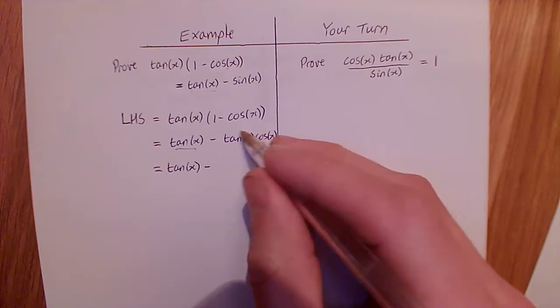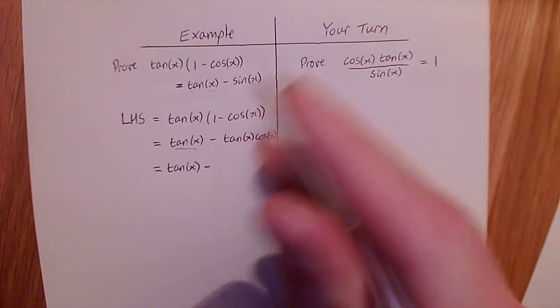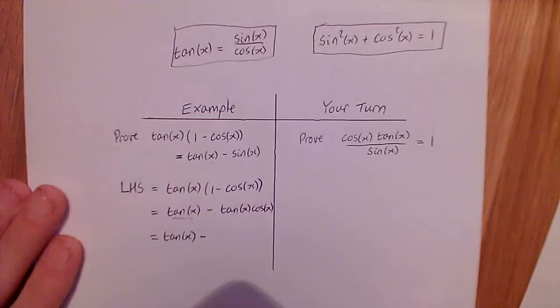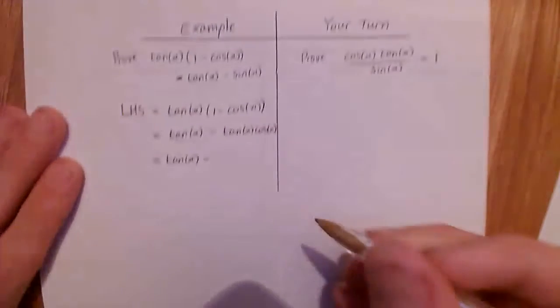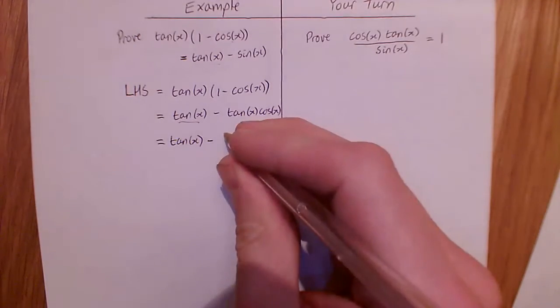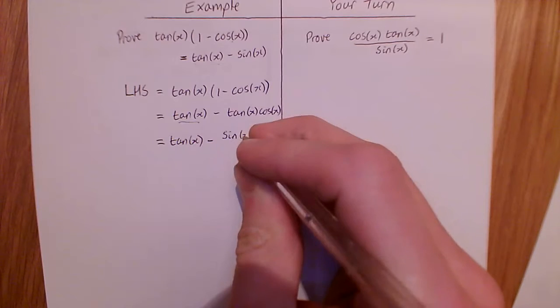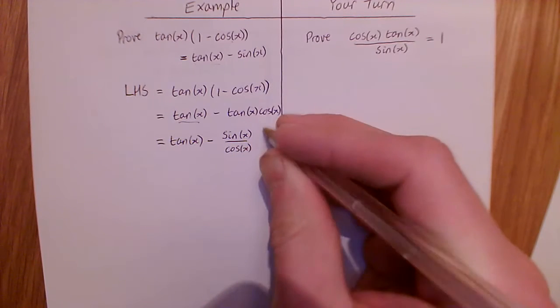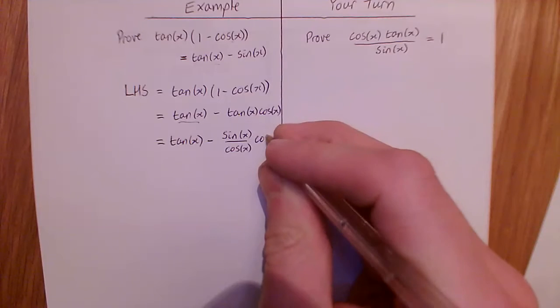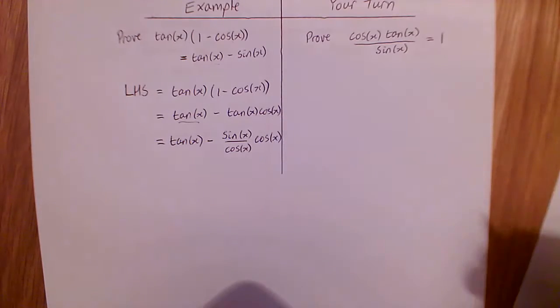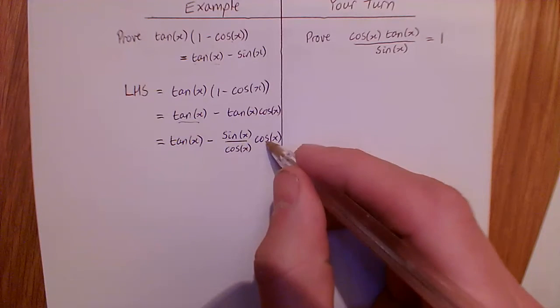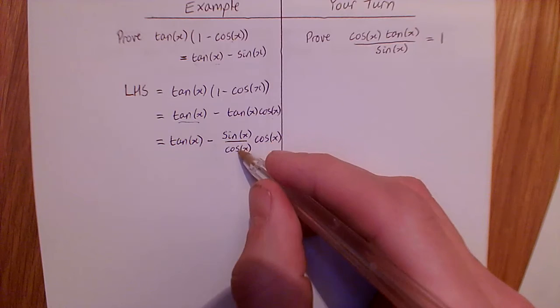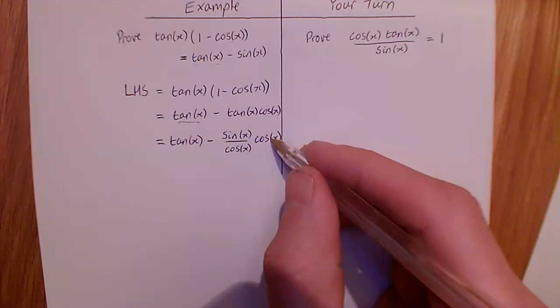The only thing I can see to do with that is rewrite tan x using our trig identity, which we started with. So let's put that in. Tan x is sine x over cos x times another cos x, because that is there. Now, if I'm multiplying a fraction by something, say I multiply 3/4 by 4, the 4s cancel out.